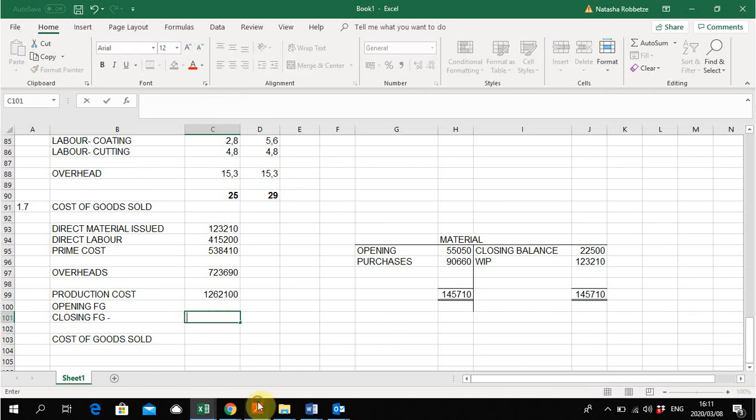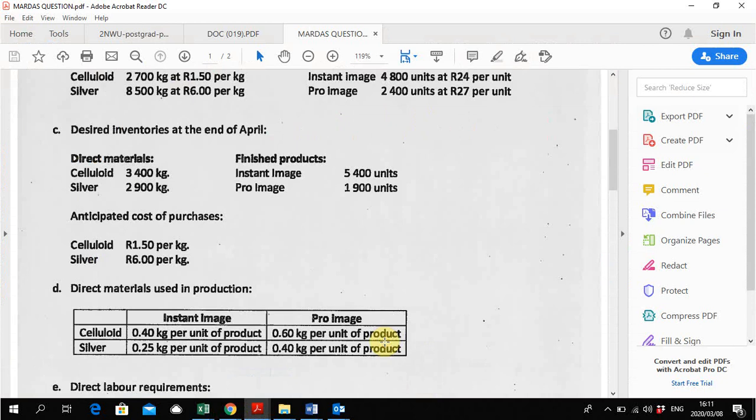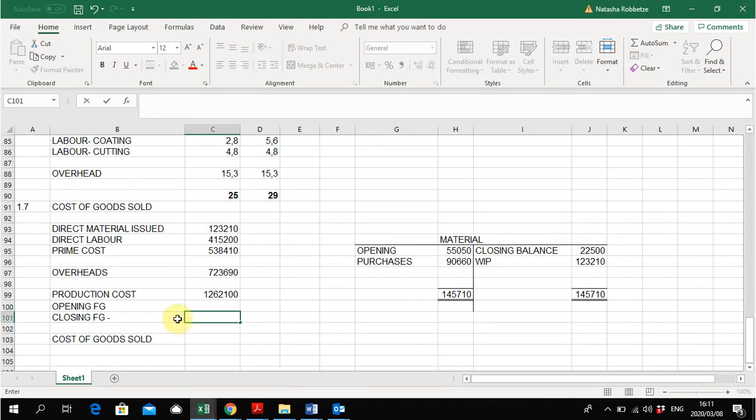We have been told in the question the expected closing inventory, 5,400 units, 1,900 units of instant and pro image respectively. So here I'm going to say for finished goods, it is therefore 5,400 units at R25 cost per unit plus the 1,900 expected units of pro image times R29.